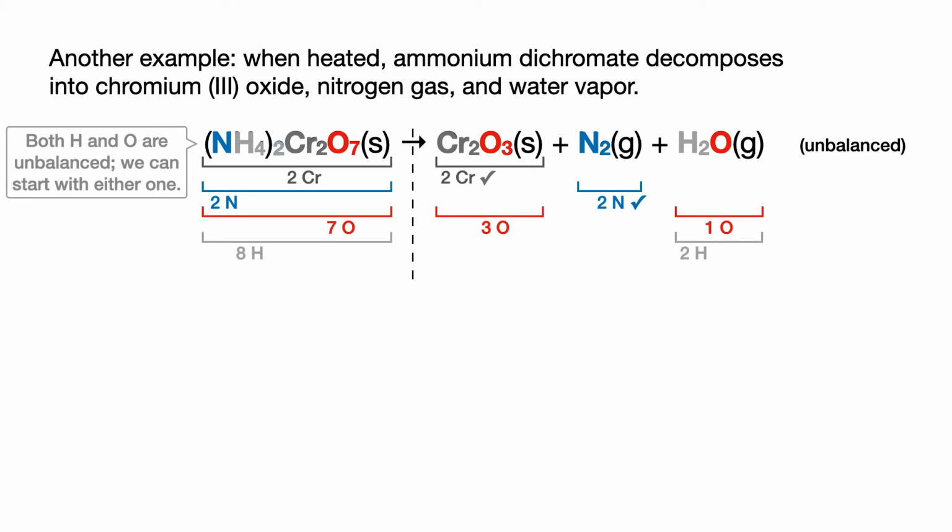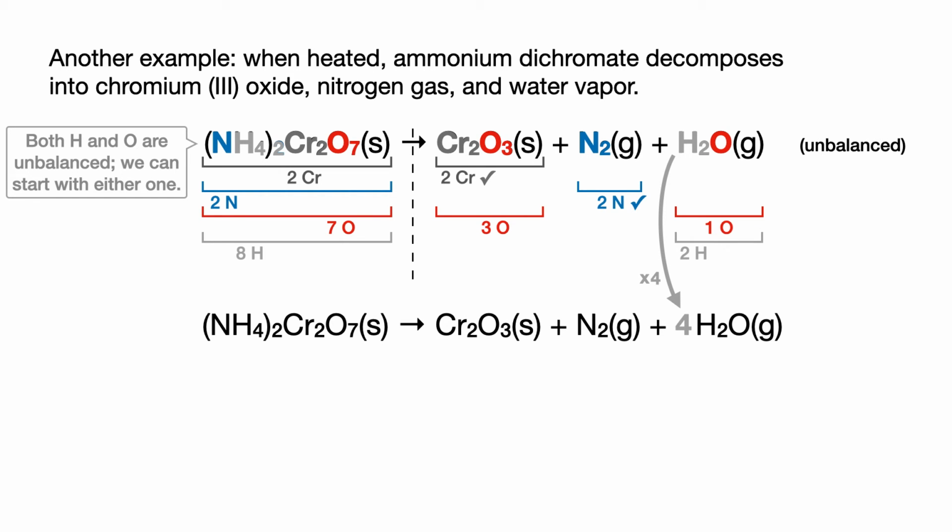So we can easily fix this if we multiply the water on the right by 4. So instead of having 1 mole of water on the right, if we have 4, now this fixes the hydrogen. We've got 8 hydrogen atoms on the left. We've got 8 hydrogen atoms altogether on the right. So now our hydrogen is balanced.